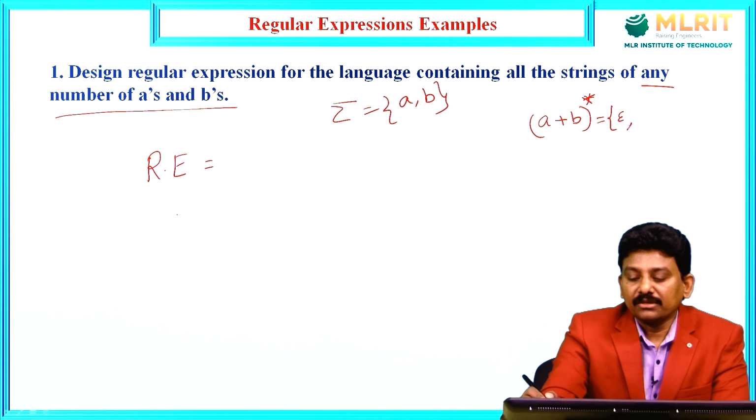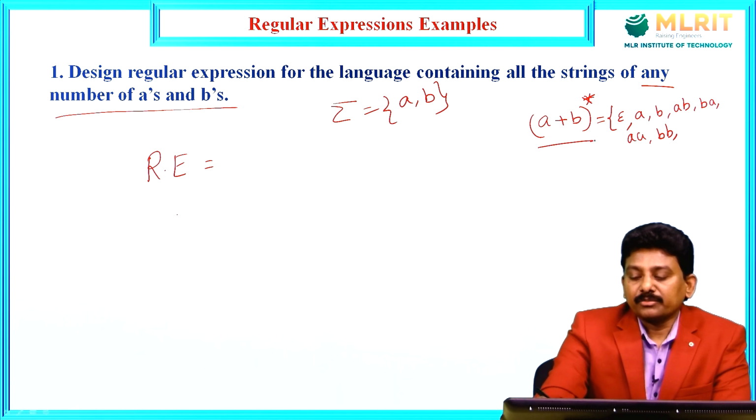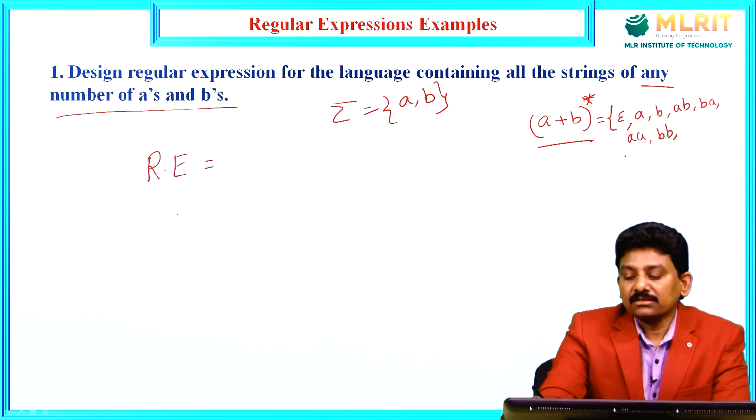So, that includes epsilon, it includes A, it includes B, it includes AB, it includes BA, it includes AA, it includes BB. So, this regular expression will generate the language that contains strings of any length of any combination. The length may be 0, if the length is 0, no symbols, that is epsilon.